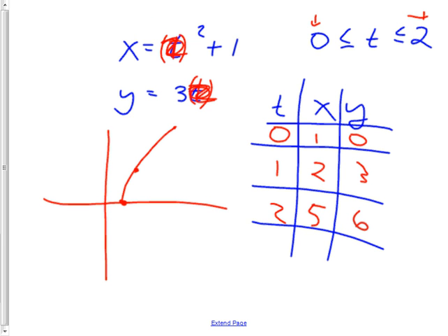So if we were to continue this, just for fun, I mean, I said times between 0 and 2, but let's say that I said time could also go down to like -2. Then everybody just stick in -2 and see what you get. If time is -2, what do you get?